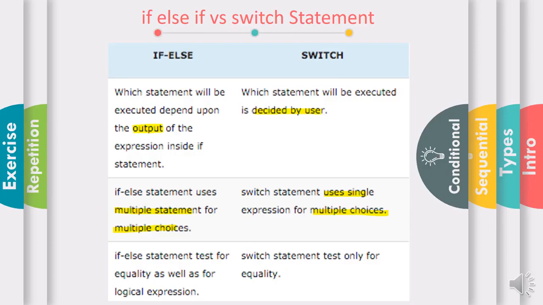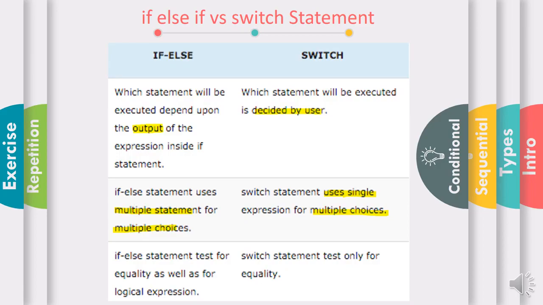We use the reserved word switch, and after that we pass the single expression like ch, and for that single expression we have multiple choices in the form of multiple cases. But in the if else if statement, we have to mention separate conditions for the choices within separate if words.